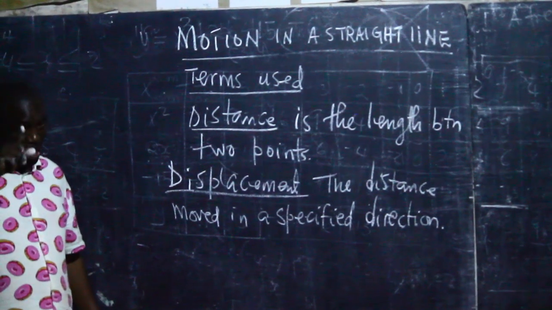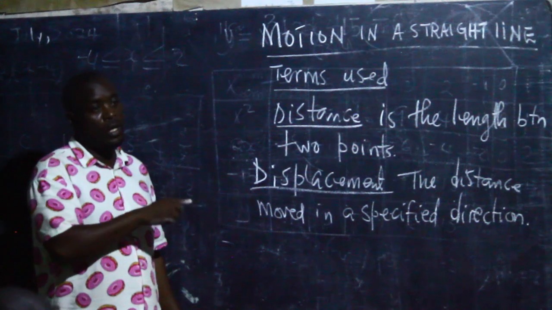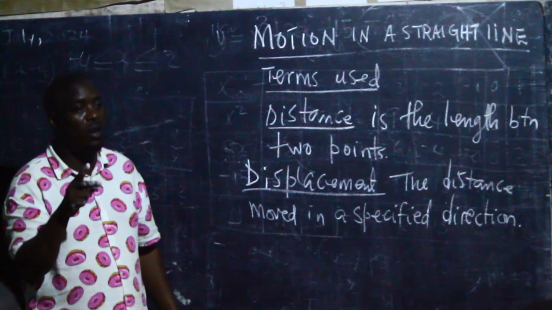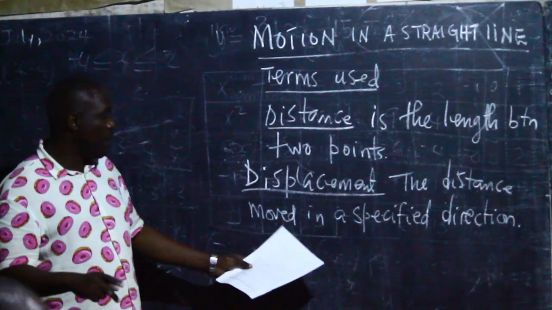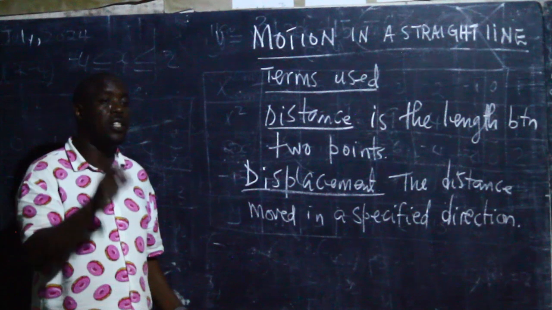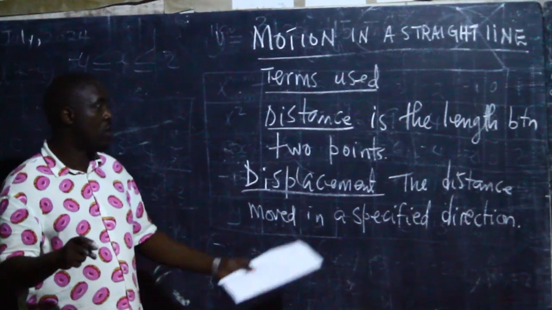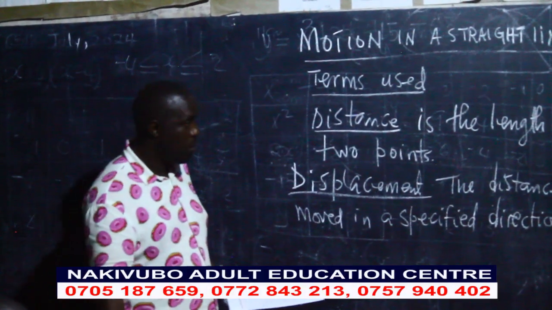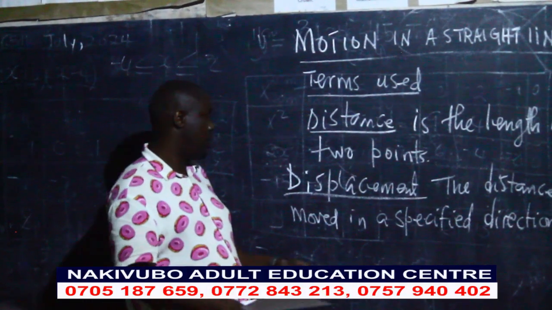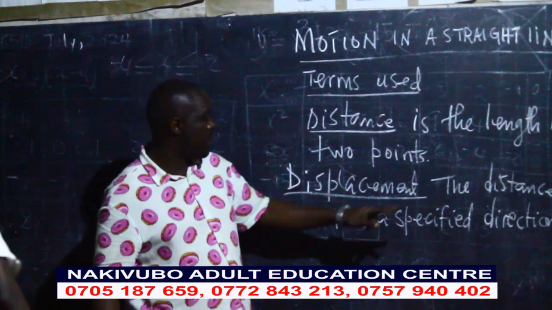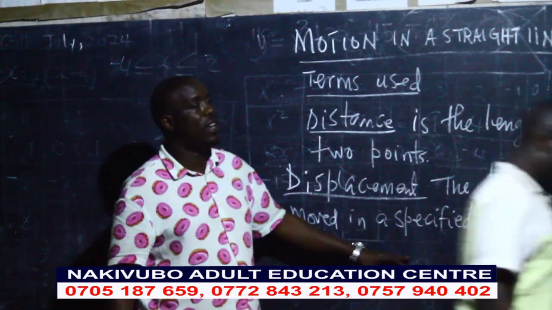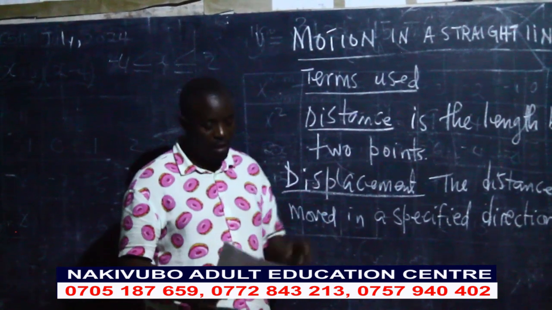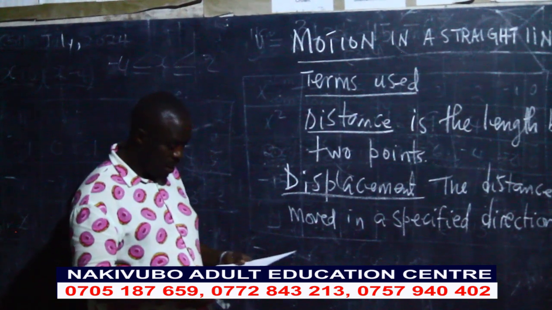Therefore, displacement is a vector quantity. Remember, we started with vector quantities and scalar quantities. A vector quantity is a quantity which shows magnitude and direction. So displacement shows both. Therefore, it is a vector. You can say distance moved in a particular direction, so you state the direction.